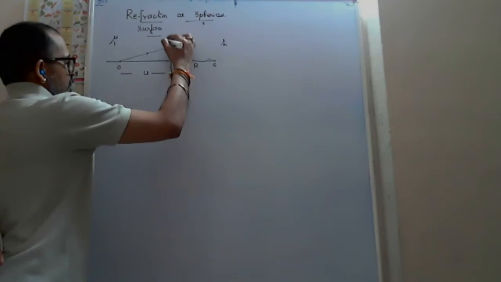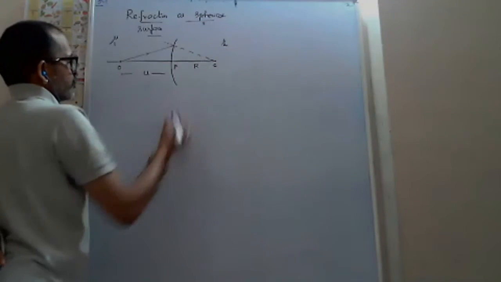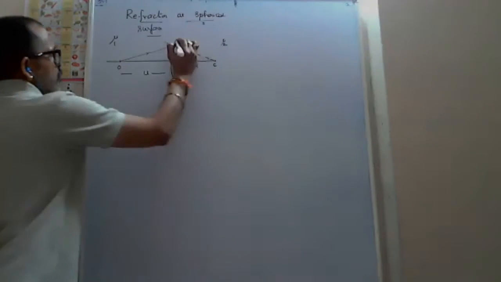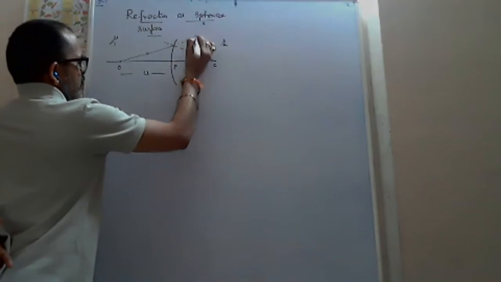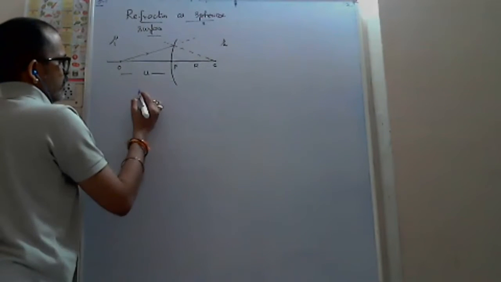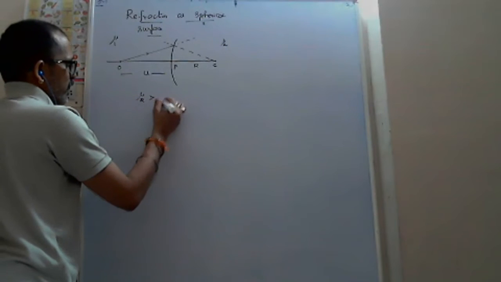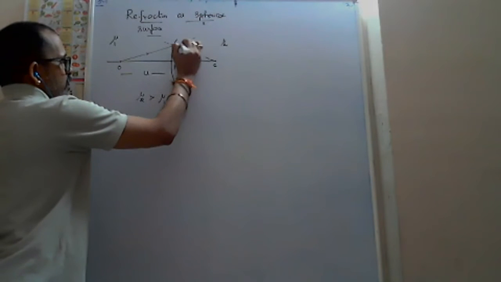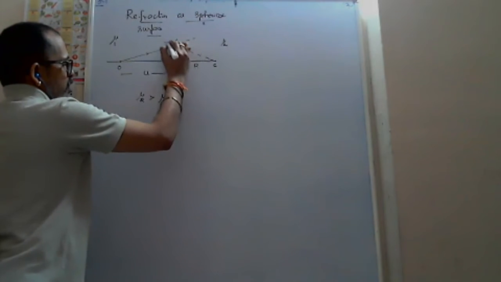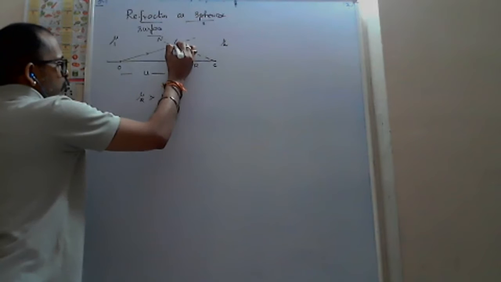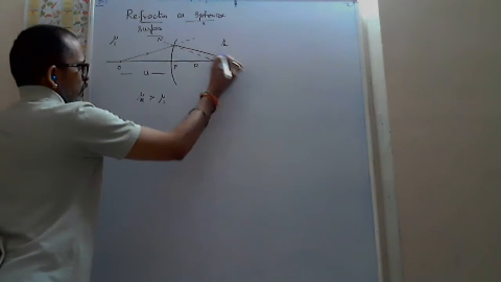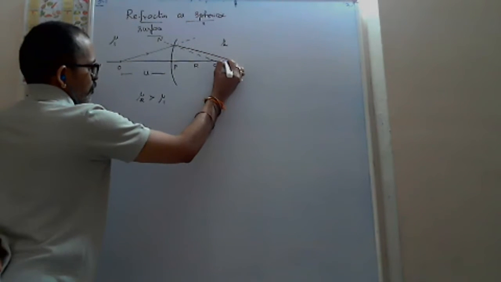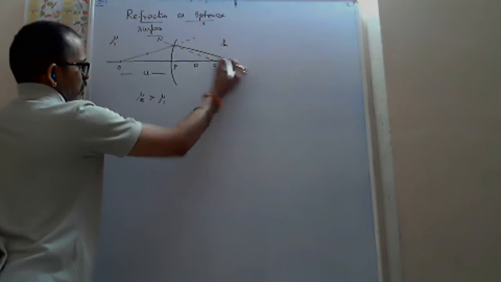So suppose instead of going straight, if mu2 is greater than mu1, then it tries to bend towards the normal. So it tries to bend like this, and somewhere it will meet the principal axis here.